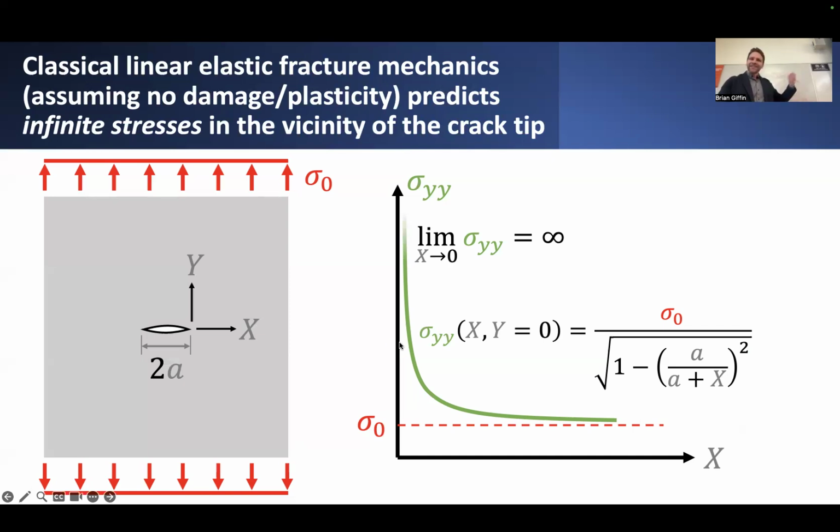So in practice, the stresses don't actually do this. They do reach some critical threshold value, but it still doesn't tell you anything about whether or not the crack is going to grow, because maybe there is plasticity ahead of the crack tip, but you don't know: has there been enough plastic deformation for the crack to advance?